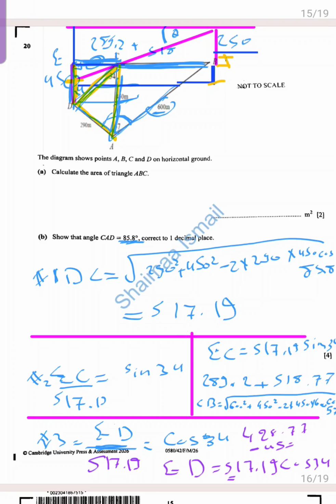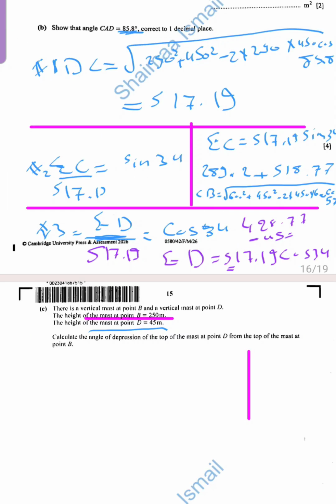So the 45 here, when we get it from it, so on your calc we're taking the 45, then we add here the 250. So in this part we have the 250 here and 383.77.